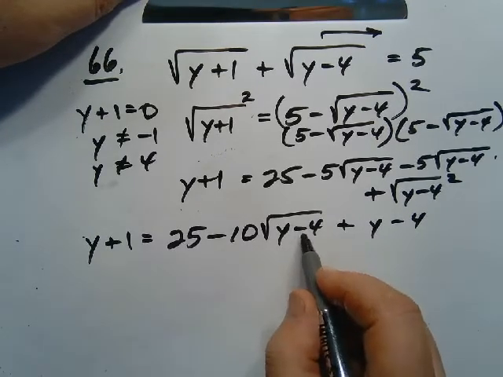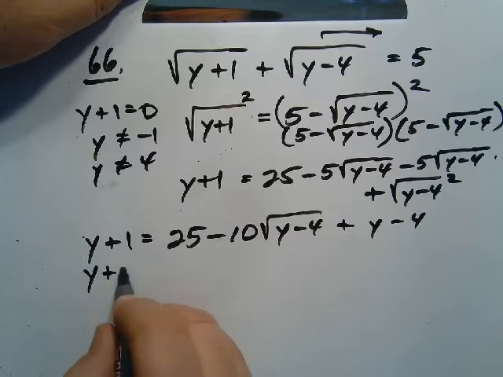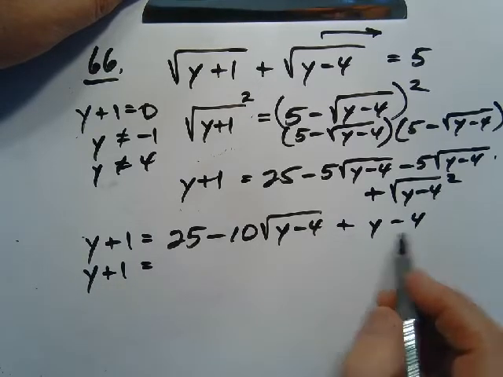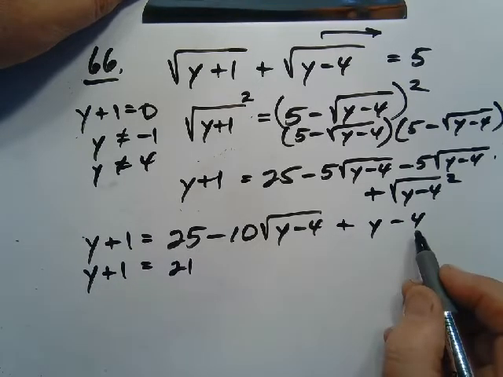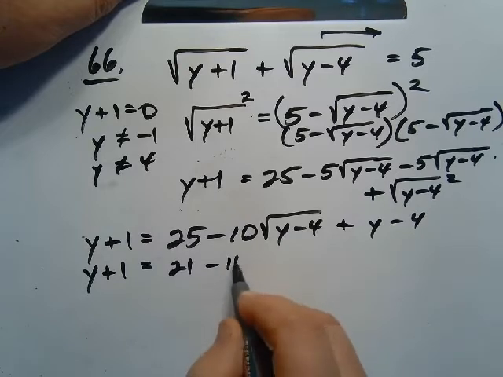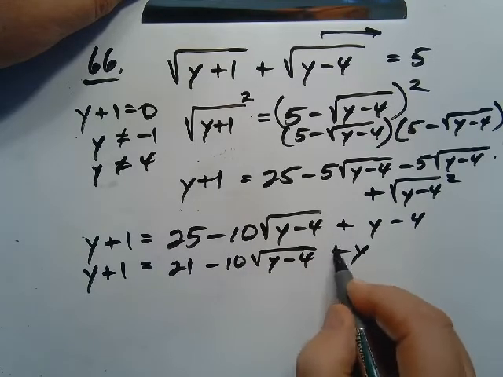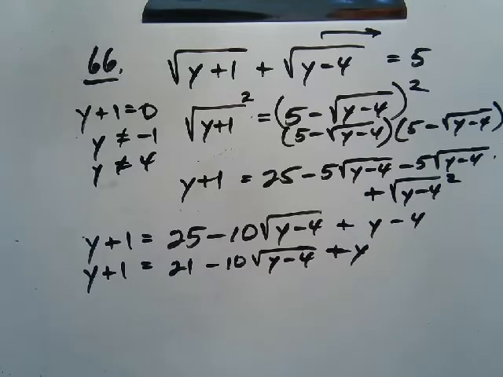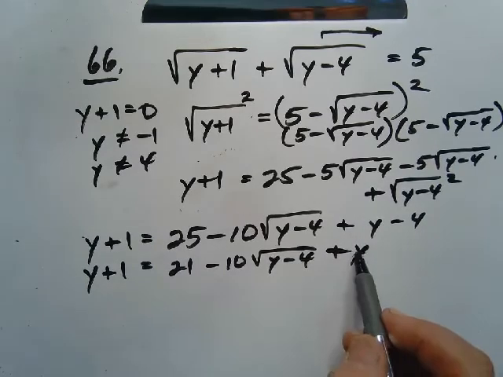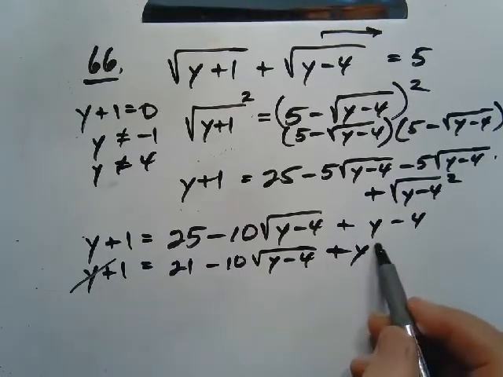Let's see if we can get this other radical alone. This is 25 minus 4, which is 21, minus 10 root y minus 4 plus y. I just combined those two. Now notice that if I subtracted y from both sides, those would go out.